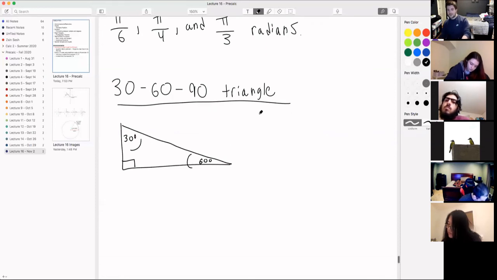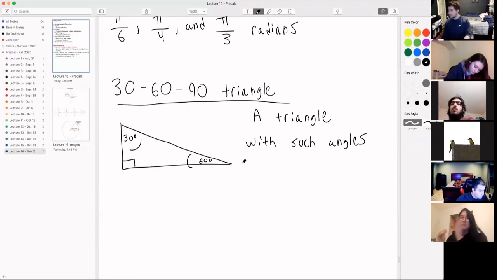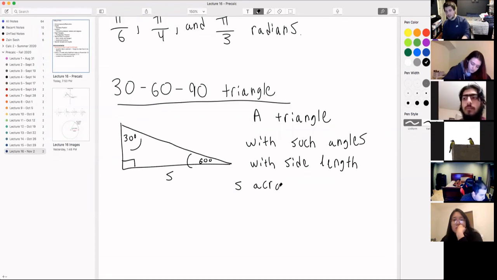A triangle with such angles, with side length S across from the 30-degree angle.